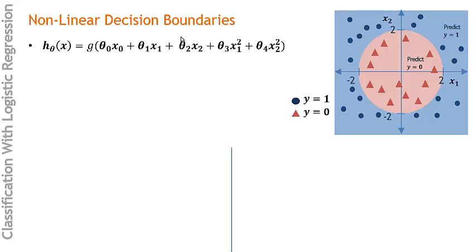And in this case, when this function is bigger than 0, that will correspond to a point outside. Less than 0 corresponds to a point inside. Now please remember that x0 is equal to 1. So we really only have two features here, x1 and x2.